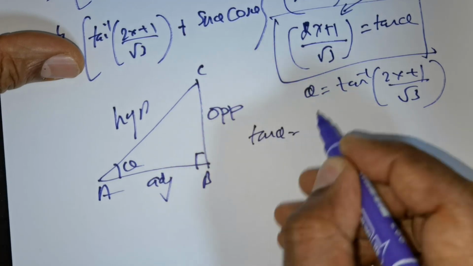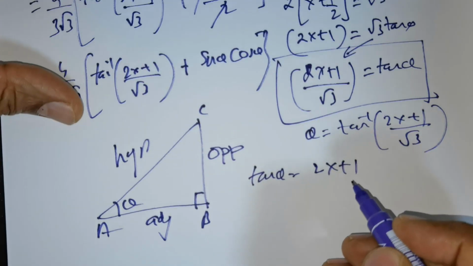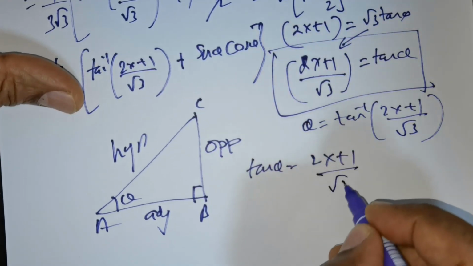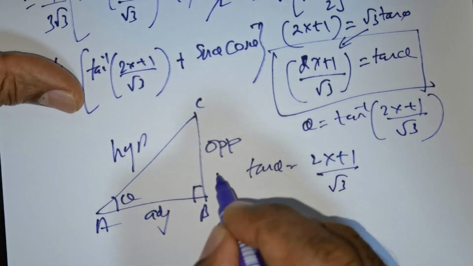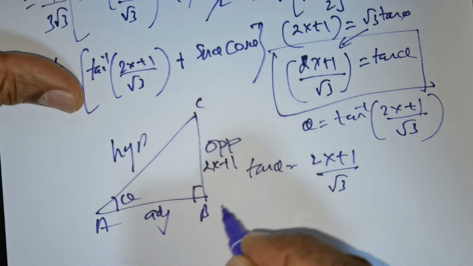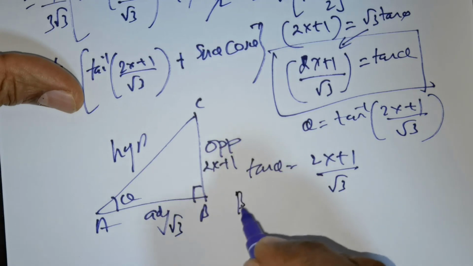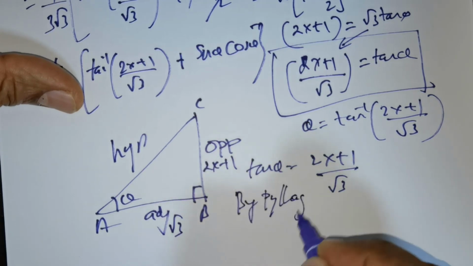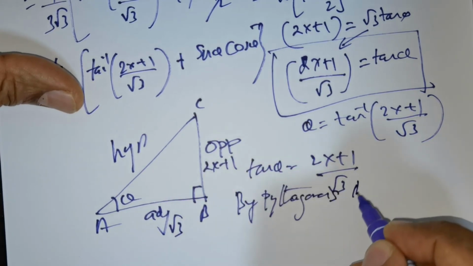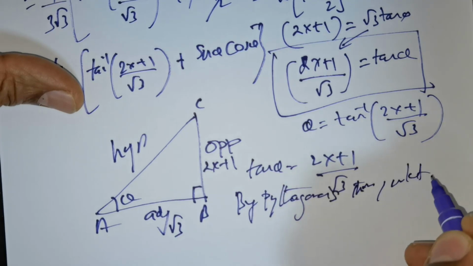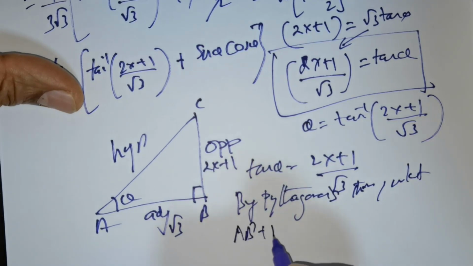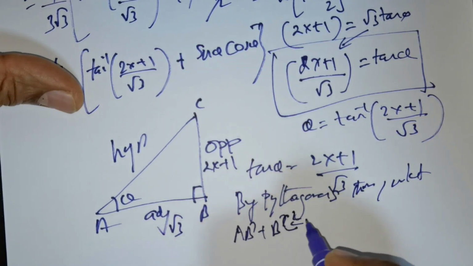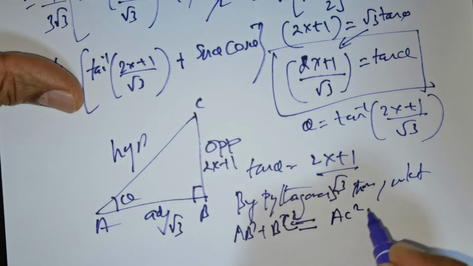Now we know that tan theta is (2x + 1) divided by root 3. So opposite side over adjacent. So this is (2x + 1) divided by root 3. By Pythagoras theorem, what do we know? By Pythagoras theorem, we know that AB squared plus BC squared is equal to AC squared.